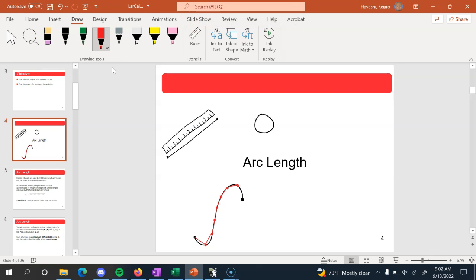Obviously, with a number of segments like this, it's not going to be a perfect approximation, but the more of these little straight bits that there are, the better an approximation you're going to get until, of course, as always happens, you take it to where there's infinitely many bits, and then it's a perfect approximation. But that's basically the basis of how we're going to find arc length. Okay.